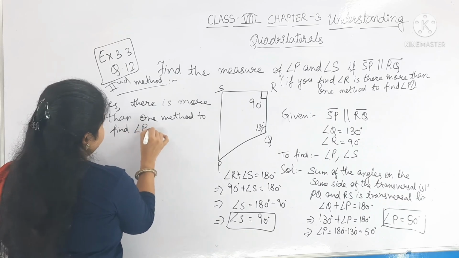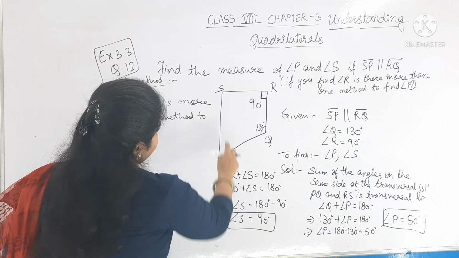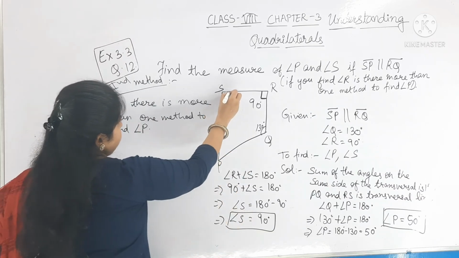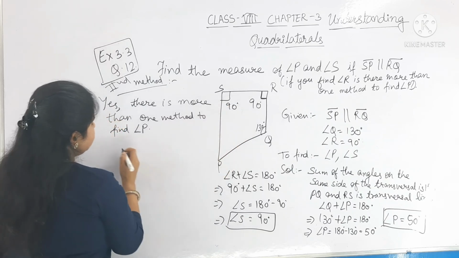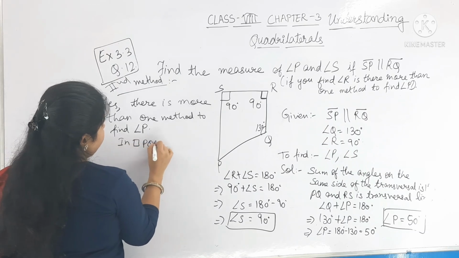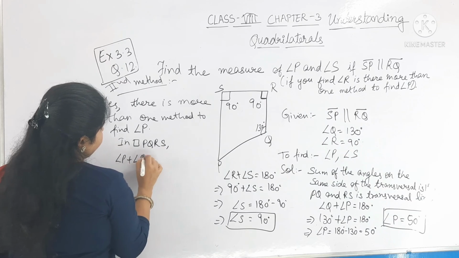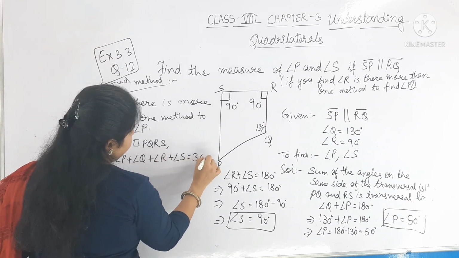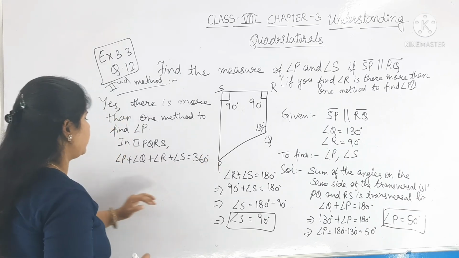So we know that angle S is 90 degrees, and angle R is also 90 degrees. So we know three angles here. In quadrilateral PQRS, angle P plus angle Q plus angle R plus angle S is 360 degrees. This is the property that the sum of the four angles of a quadrilateral is 360 degrees, right?